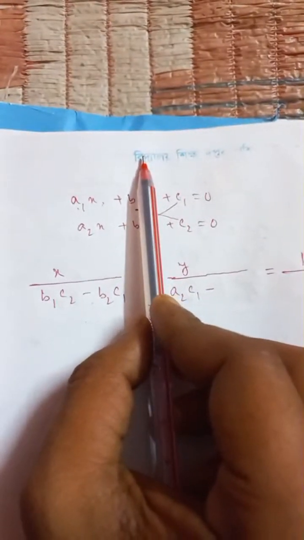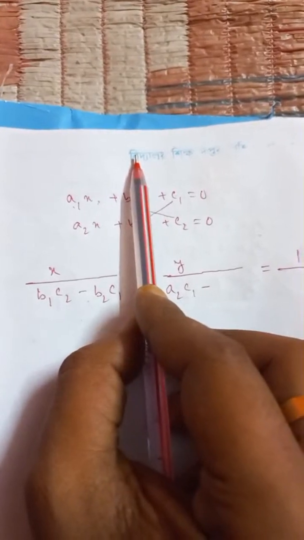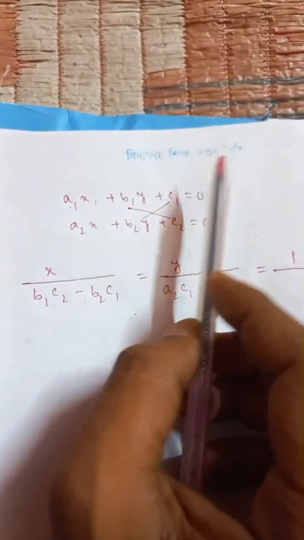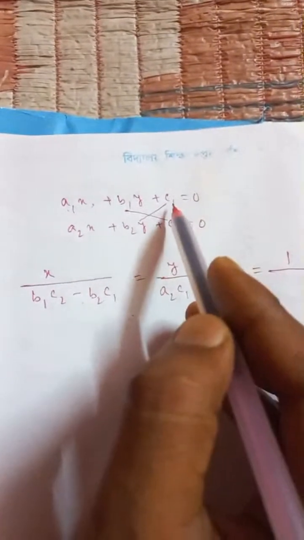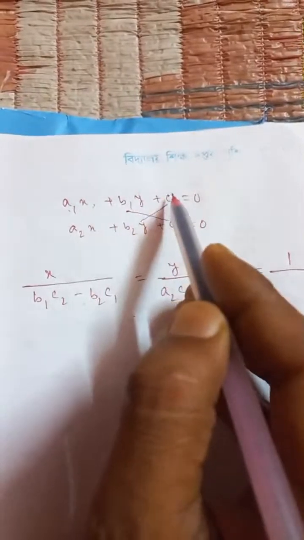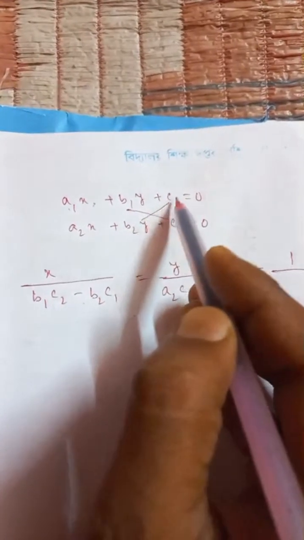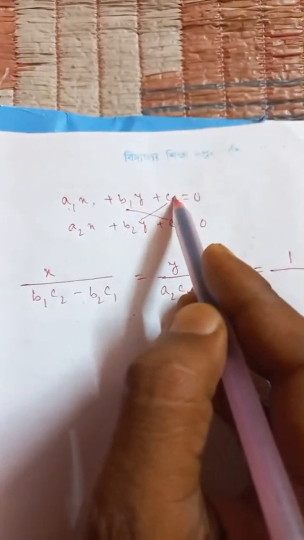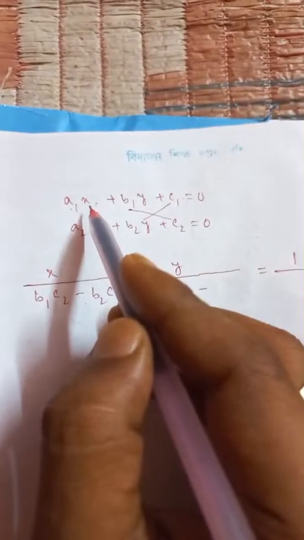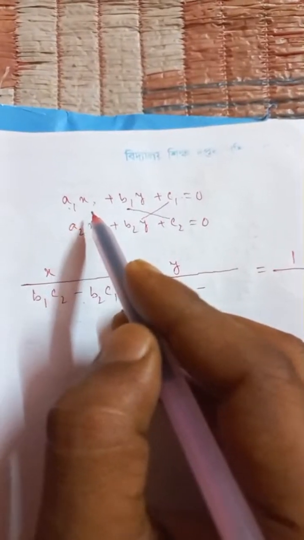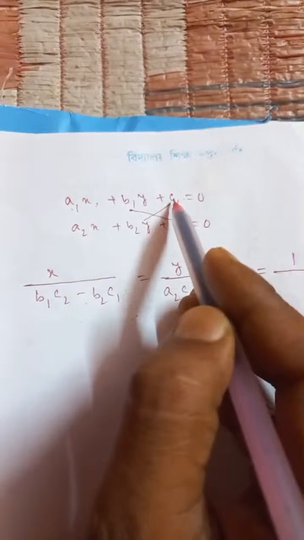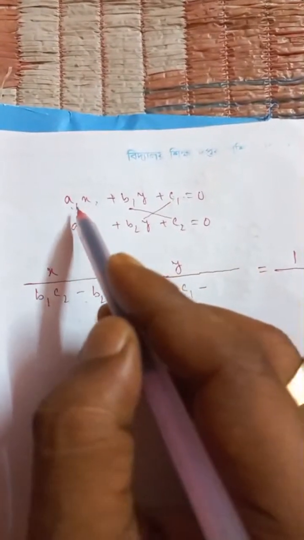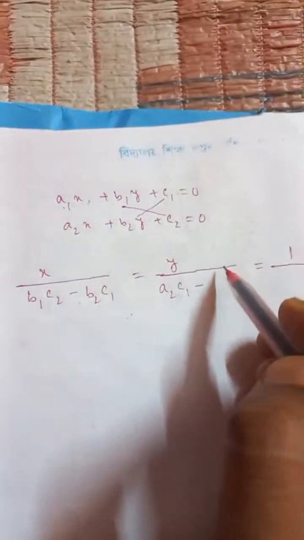When we find the variable y, we keep it covered and multiply in the right direction, taking the right side of the variable first, so we multiply a2c1 and then a1c2.